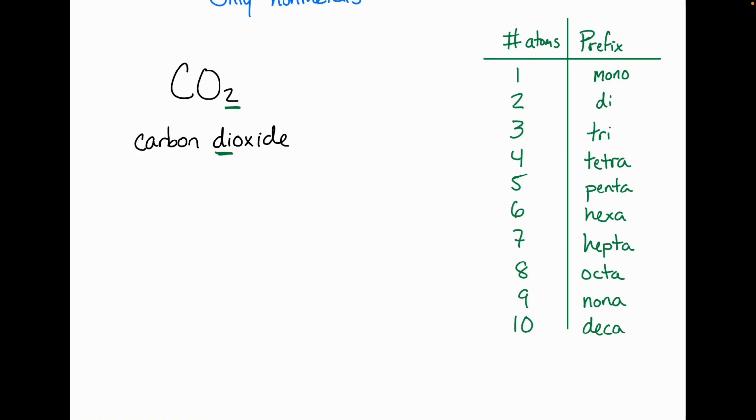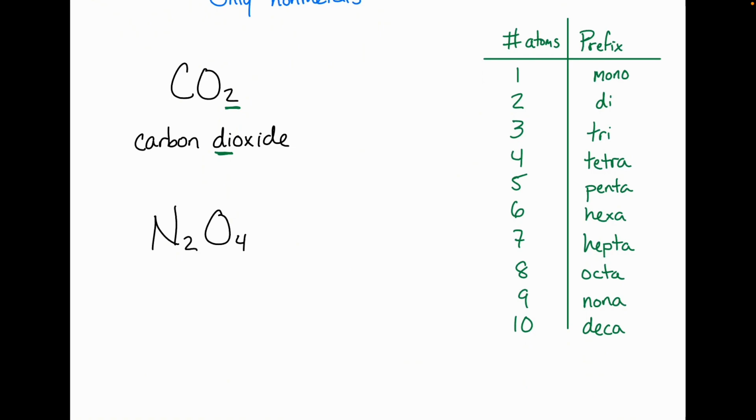So let's just do a few examples here so we can see how this works. We had a compound N2O4. We're going to do this by analogy to the one we know. Always go back to the one that you know in your brain: carbon dioxide. You got that down, right?